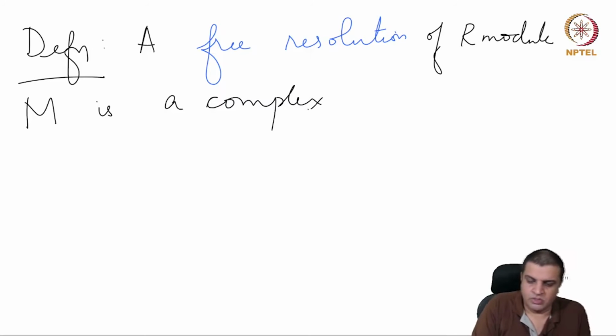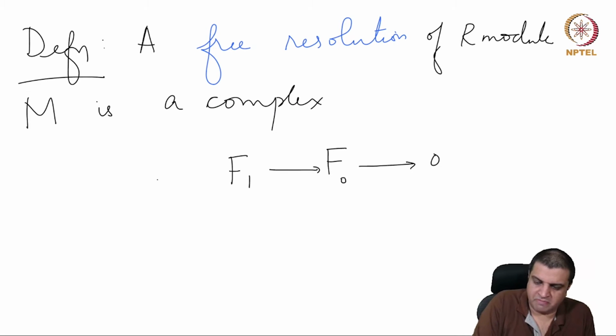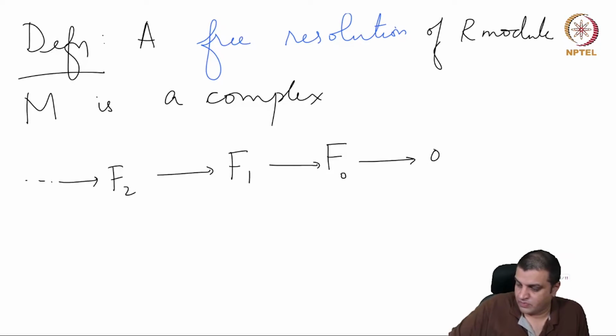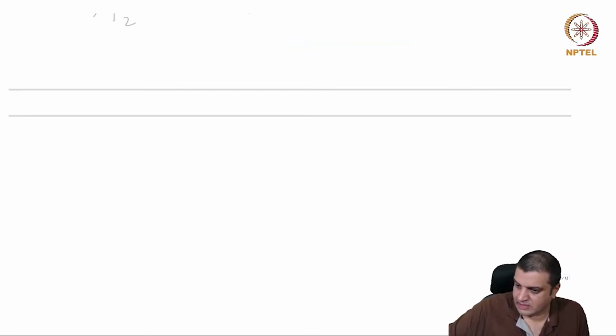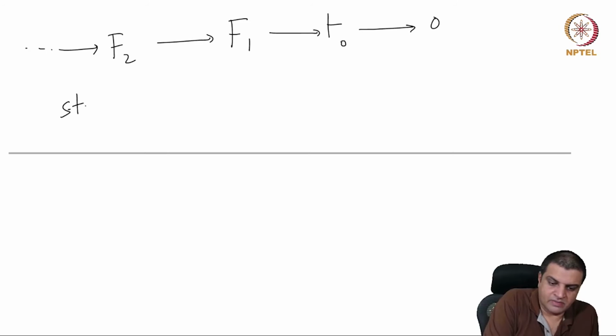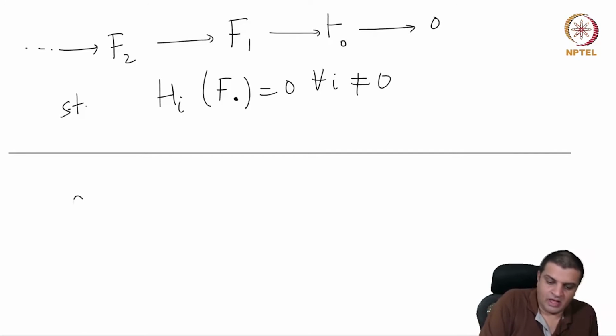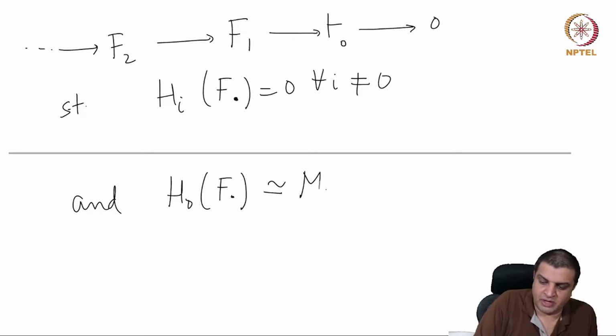This will end at some F0, F1, F2, and it may go infinitely to this side, but we usually put this thing here, such that H I of F is 0 for all I different from 0, and H0 of F is isomorphic to M.